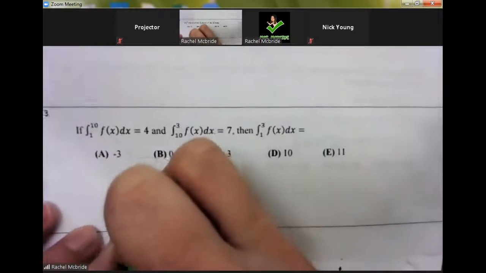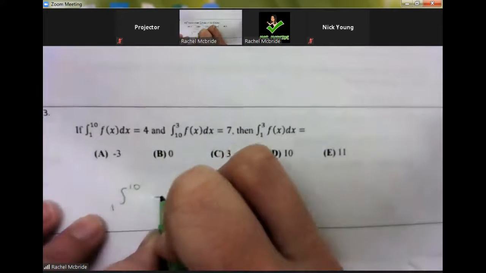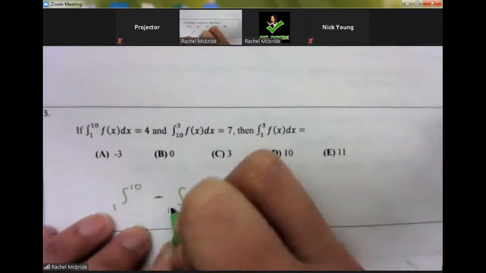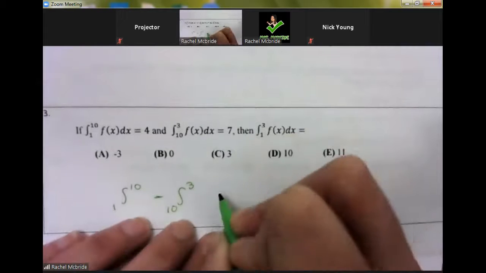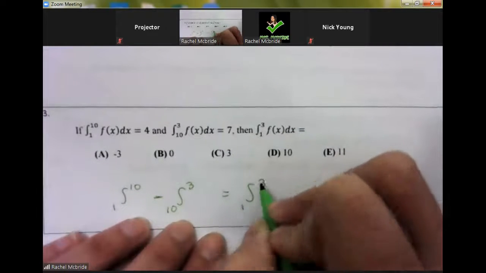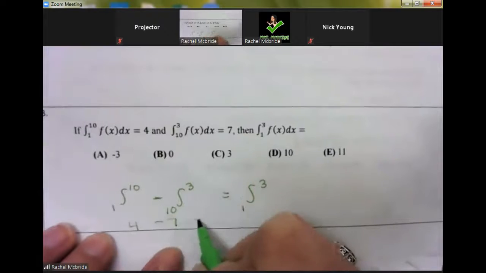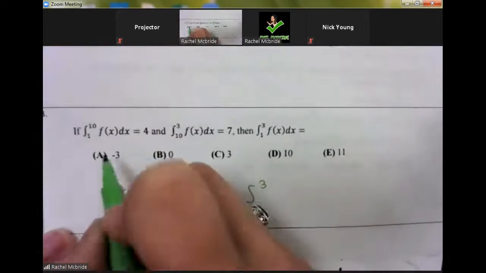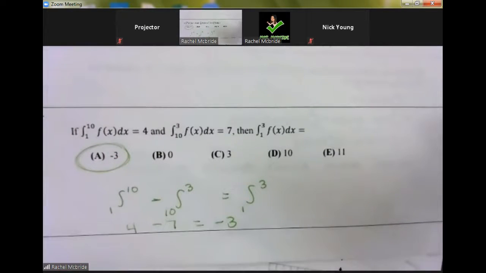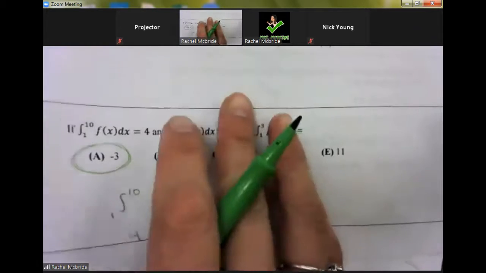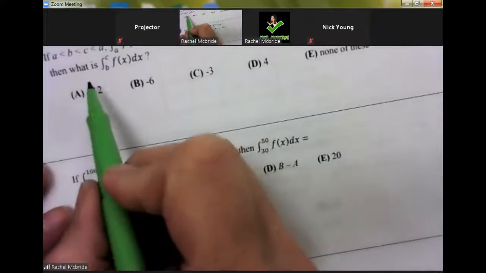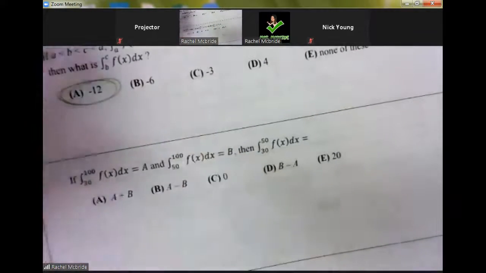So what you had to do was take 1 to 10 minus 10 to 3, so that you had 4 minus 7, which was negative 3, or choice A. If you got to number 4, number 4 was also, I believe, choice A.